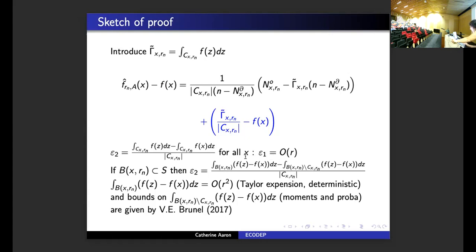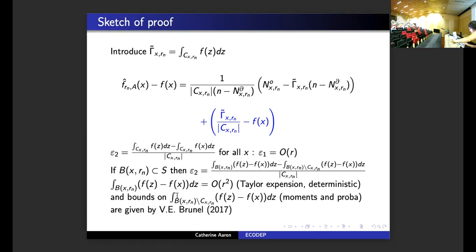And what happens if I am far enough from the boundary? This integral is classically big O of R^2, as in classical calculus in density estimation. You do a Taylor expansion, and it's okay. What about the second term?